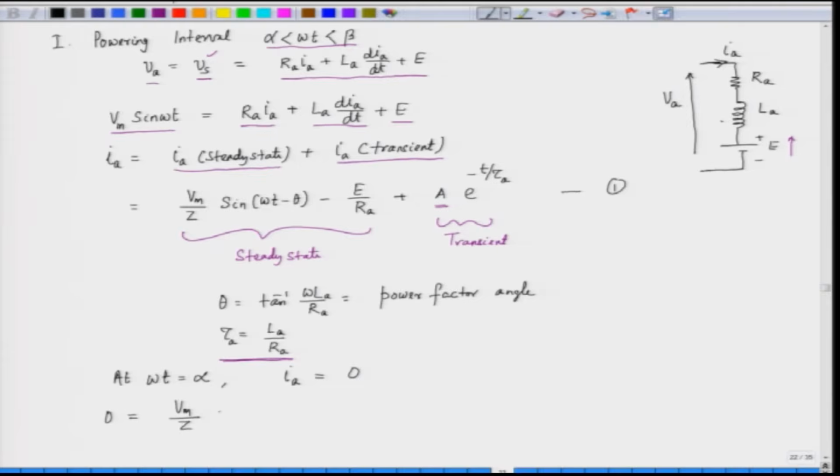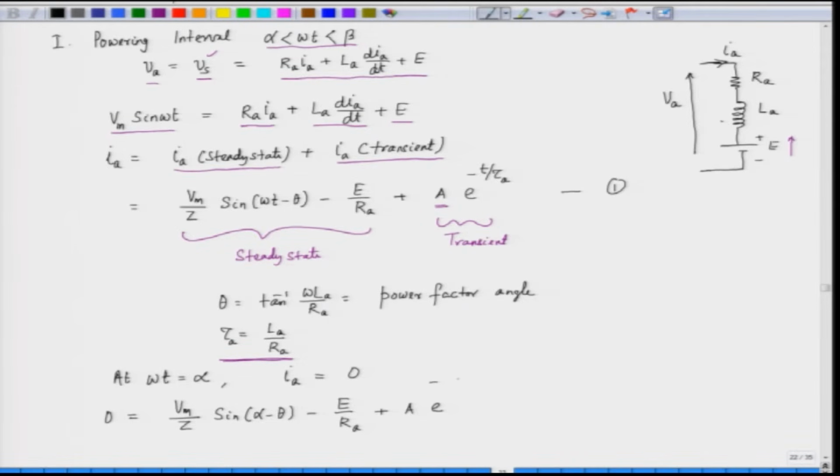What we get here is 0 equal to Vm by Z sin(alpha minus theta) minus E by RA plus A exponential, where we multiply by omega, and omega t is now alpha.